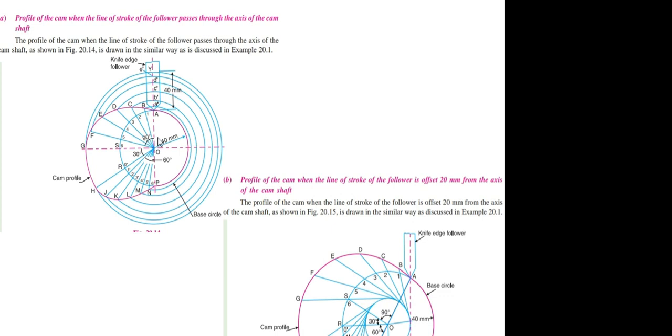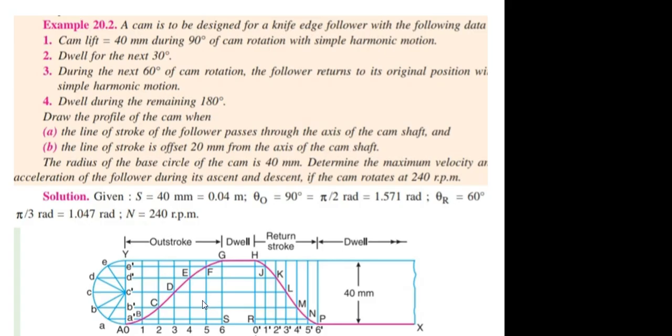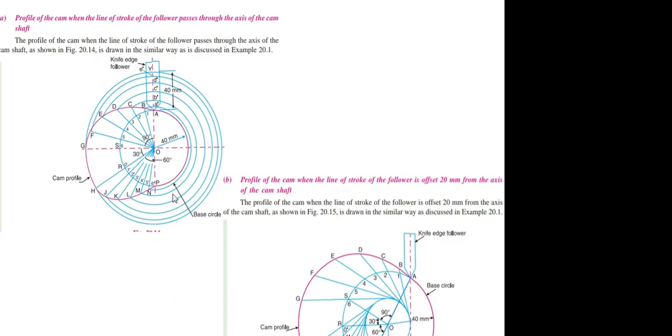Now, in the displacement diagram we have divided theta O in 6 equal parts. Here also you have to divide theta O, that is this 90 degrees, in 6 equal parts, so one part will be 15 degrees. Divide theta O in equal parts and mark those points on the base circle, like 1, 2, 3, 4, 5, 6.